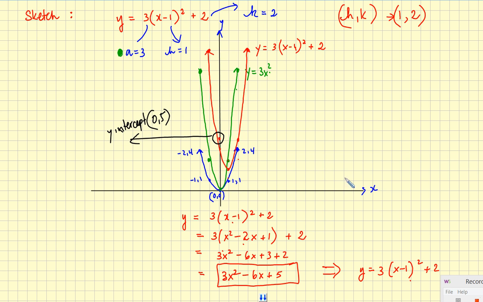And lo and behold, when we have our quadratics written in the ax squared plus bx plus c format, what we end up discovering is that the value of the c is your y-intercept. And taking a look, once we expanded everything, we found that the y-intercept was 5, and therefore (0, 5) was our y-intercept.